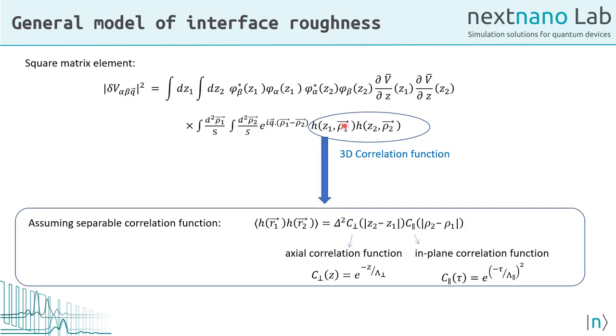In this work, we assume that such a 3D correlation function can be separated into two parts, an axial correlation part and an in-plane correlation part. This assumption is based on the fact that these two length scales are very different. There are almost 2 orders of magnitude larger for the in-plane than for the axial part.